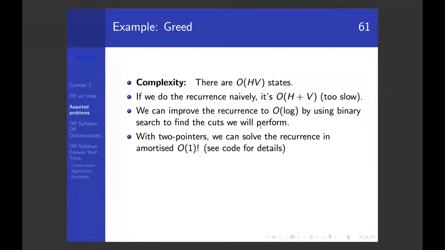Two pointers. It's kind of vague. What I mean by that, the idea is, let's fix the horizontal cut. So we're saying this is our big cake here. We're saying consider all states that include this cut here.